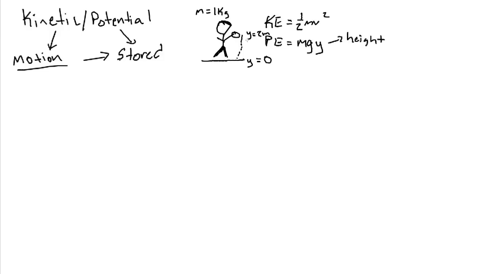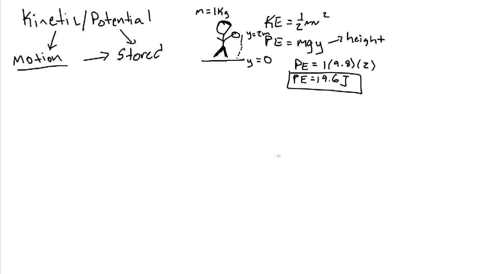When he is holding it, the potential energy would be 1 times 9.8 times my height, which is 2. That simplifies down to 19.6, and the unit is joules.